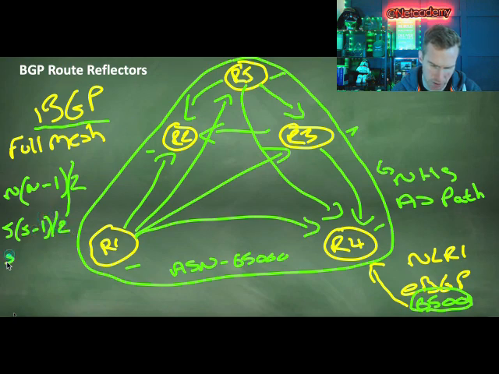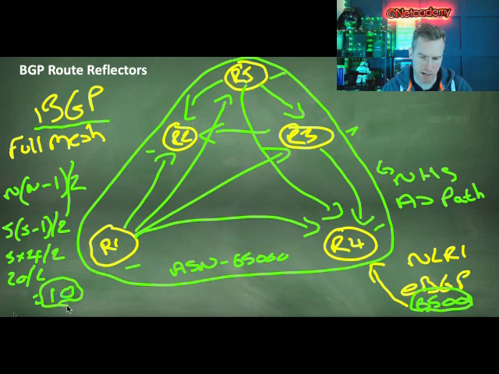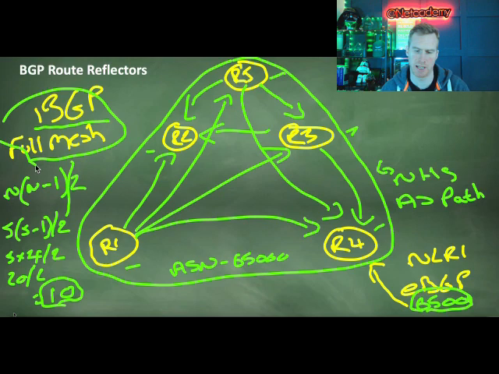So that's then 5 times 4 divided by 2, 20 divided by 2, and thus we then have 10. So with a network of only 5 iBGP routers, you're going to need 10 connections to have this full mesh connectivity within the iBGP network itself. Now, for 5 routers, that's manageable.